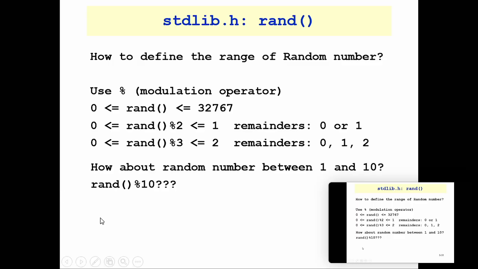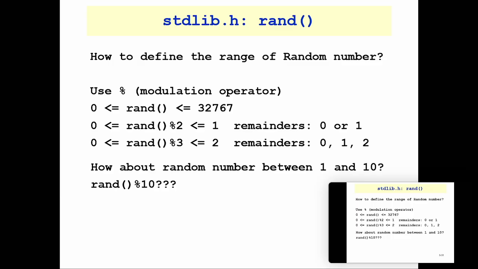Then do you use rand % 10? If you use % 10, what is the range of the random number? 0 to 9. Not from 1 to 10, right? You cannot have a 10 as a remainder when you divide some number by 10. That doesn't make sense.